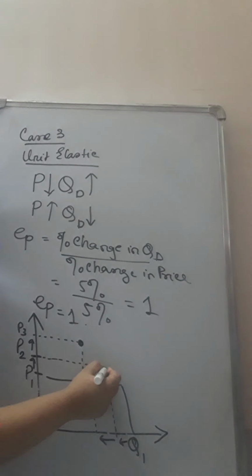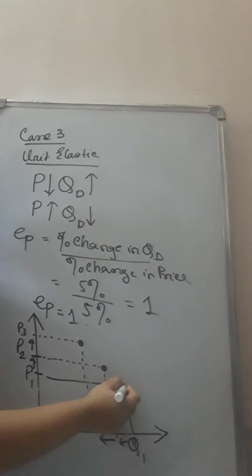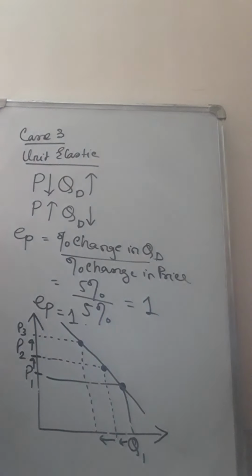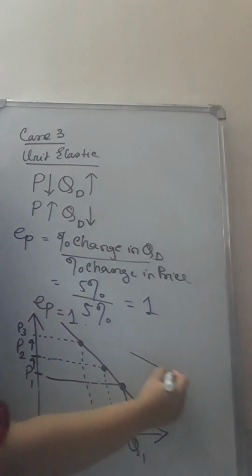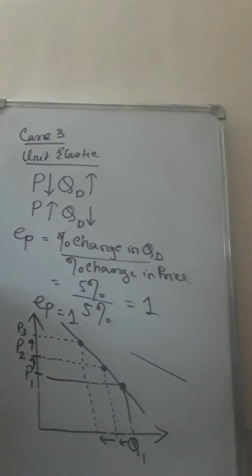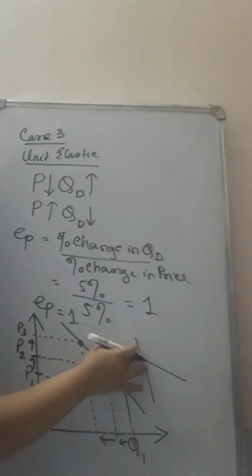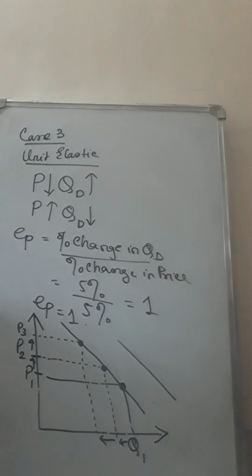So if we plot the points, we will get a straight downward sloping demand curve. It is not a flat curve. In case of elastic demand, we got a flatter demand curve. And in case of inelastic, you will get a steeper demand curve. But here in case of unit elastic, you get a very uniform, all throughout same, downward sloping demand curve.